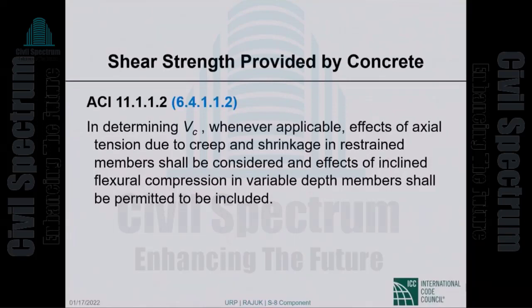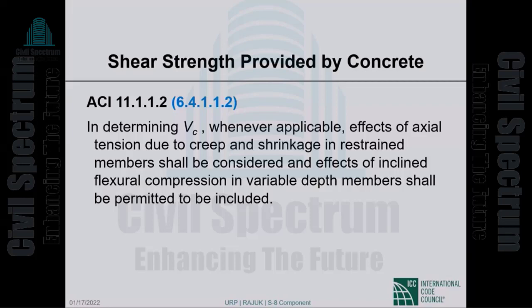In determining V sub c, the concrete contribution to shear strength, whenever applicable, effects of axial tension due to creep and shrinkage in restrained members shall be considered. That will take away from shear strength. Any tension takes away. And the effects of inclined flexural compression in variable depth members shall be permitted to be included.